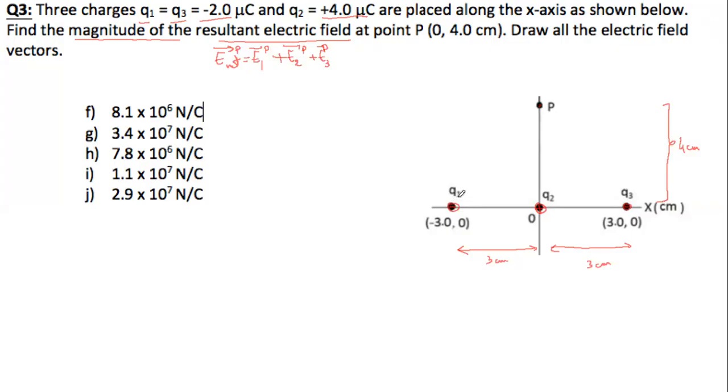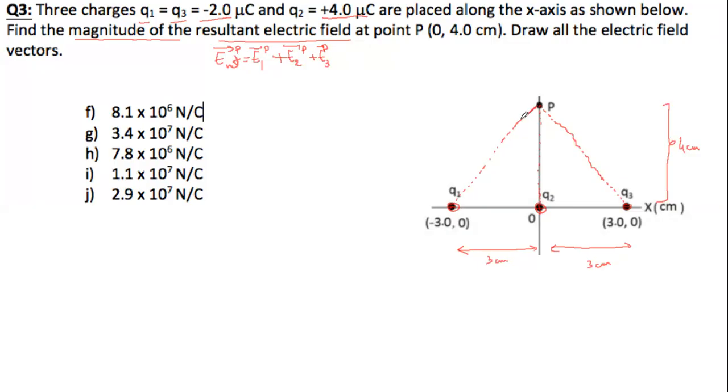Okay, so let's connect the line connecting Q1 and P. This is the first line. This is the second line. This is the third line. Okay, good. Now E1, Q1 is negative, so it will point towards Q1.